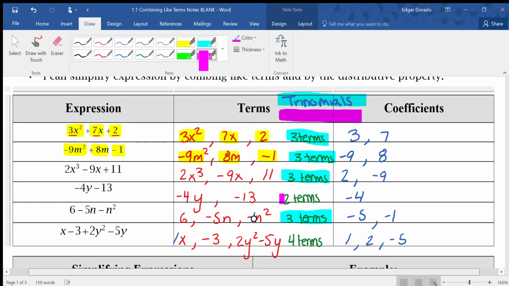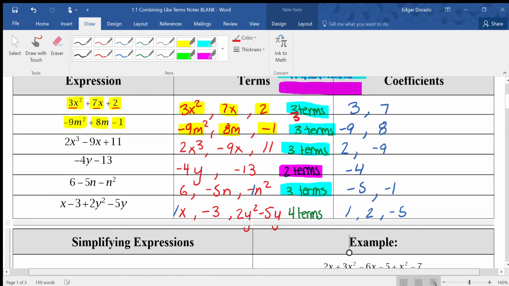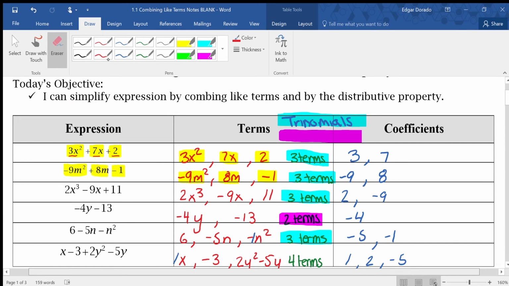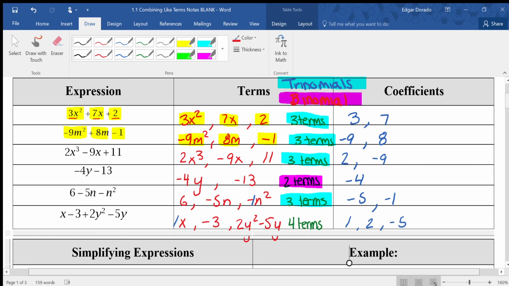Now we have something like this that only has 2 terms. Some of you guys might already know it, but this is called a, whoops, that's not what it's called. Go back up here. This is actually called a binomial. Okay, so that is called a binomial. All right, this is the one that maybe you guys don't quite remember, but it's okay because again, we're going to review it today.